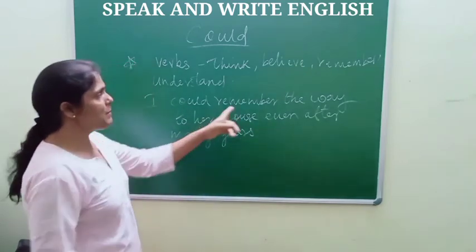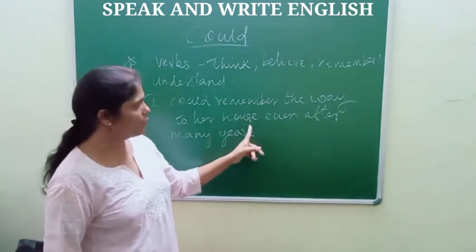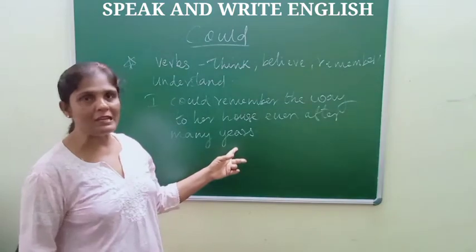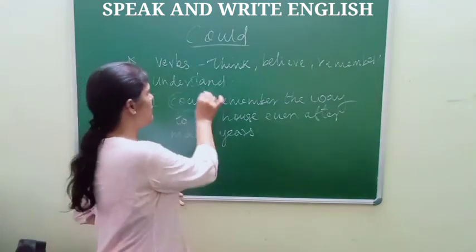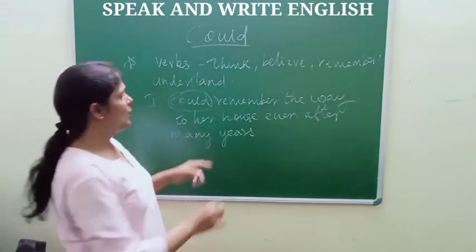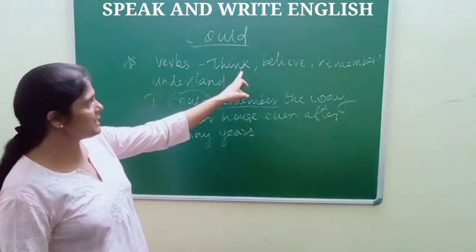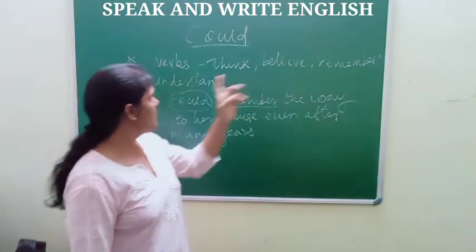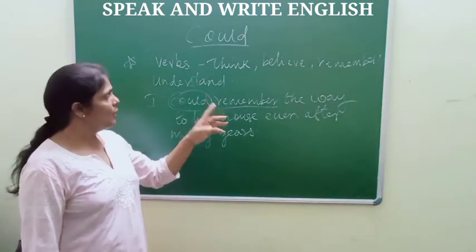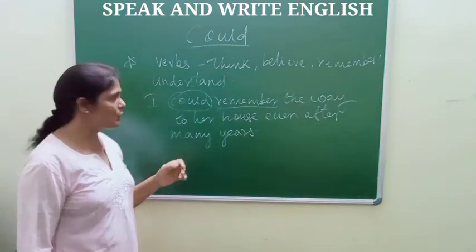I could remember the way to her house even after many years. So here I have made use of the modal could with the verb remember. So with certain verbs like think, believe, remember and understand, we can make use of the modal could.